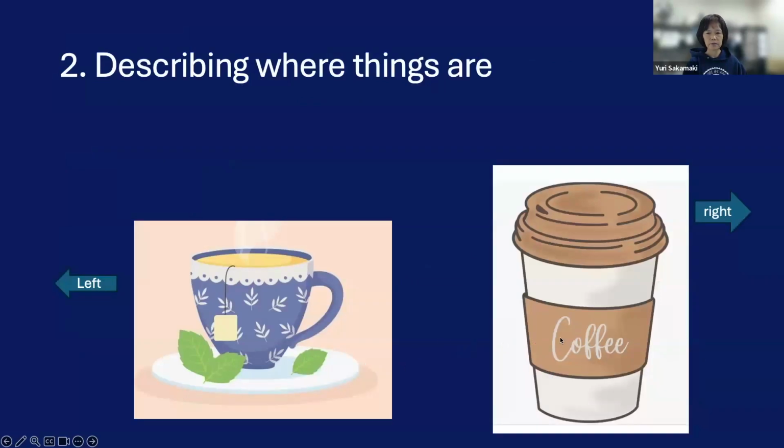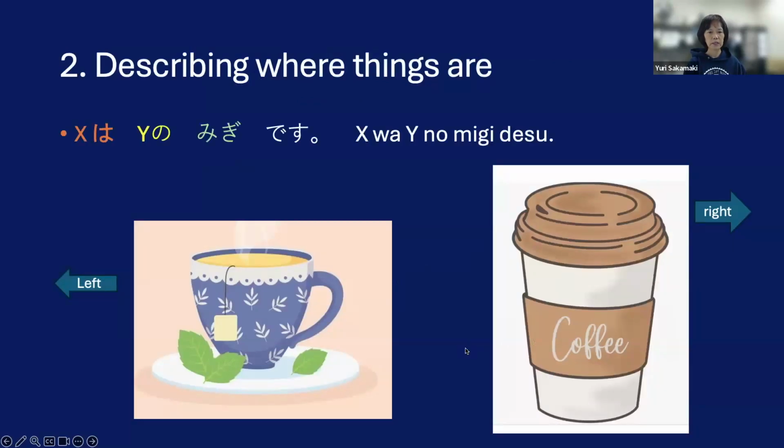All right, so describing things, going back. So we actually did this when we learned the location words, but the sentence structure is, okay, X is a topic, and then Y is a reference, and then you are using a location word, such as migi.